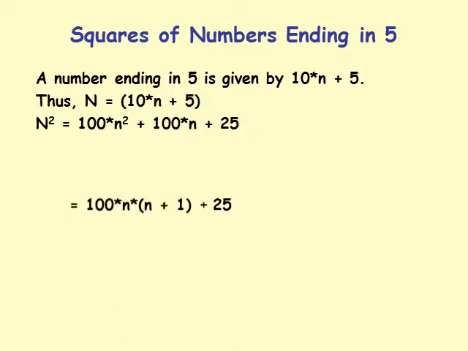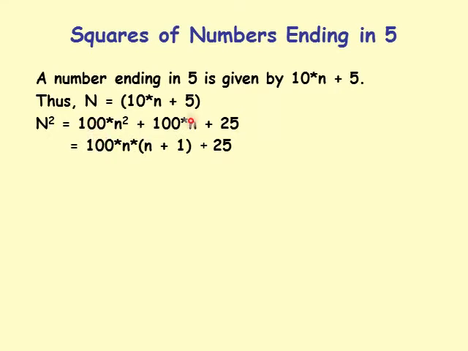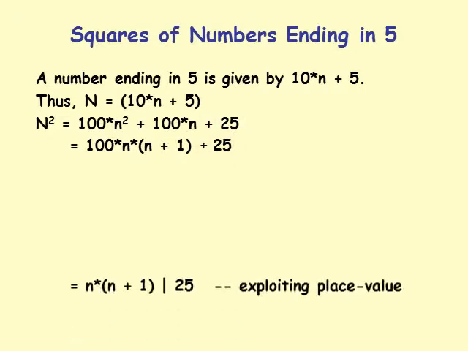Let's continue here. If I extract 100 n from the first two terms, I get 100 times n times n plus 1, and then plus 25.